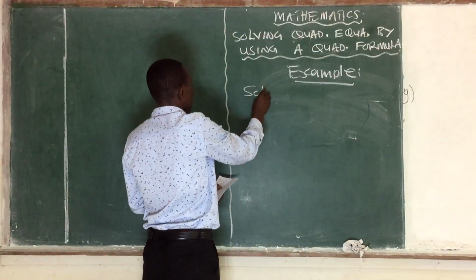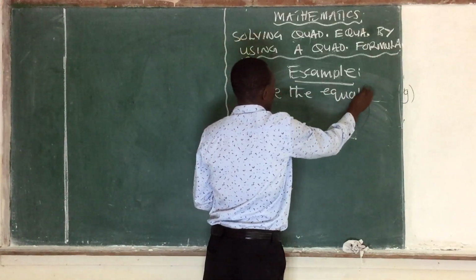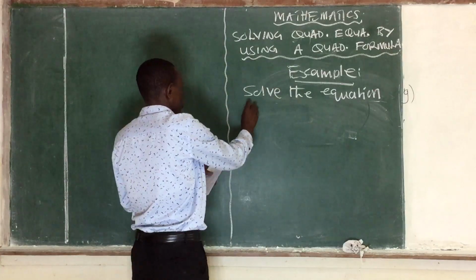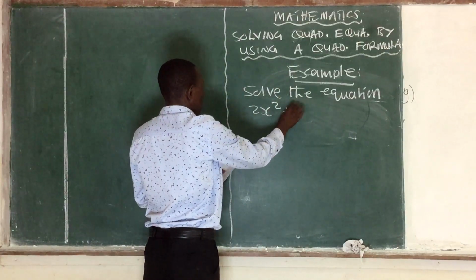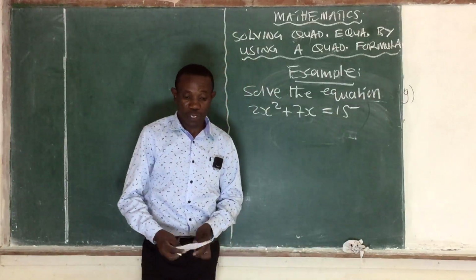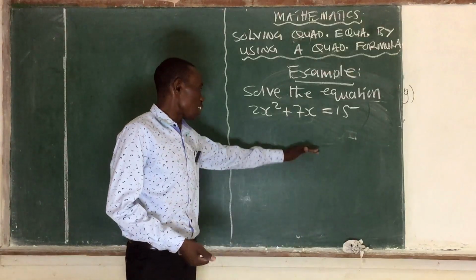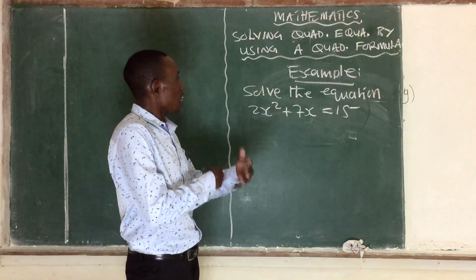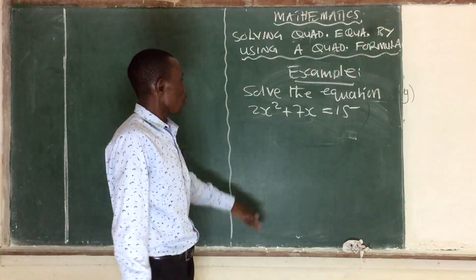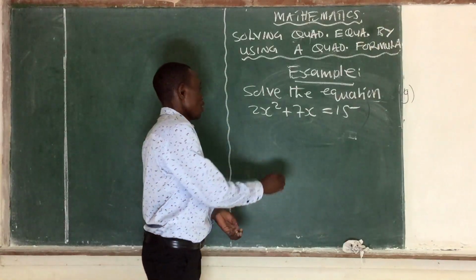Solve the equation 2x squared plus 7x is equal to 15. Here there are some restrictions. You don't have the freedom to use any method. Today we are just going to discuss how best we can apply the formula method.